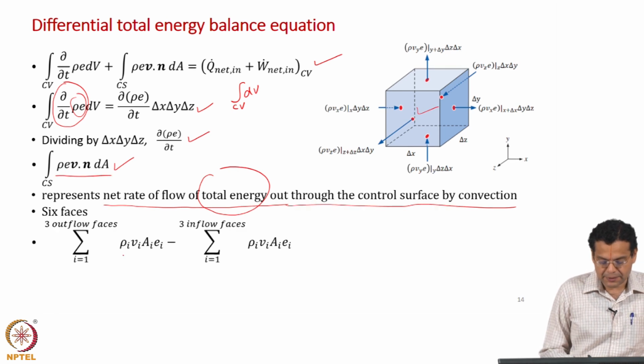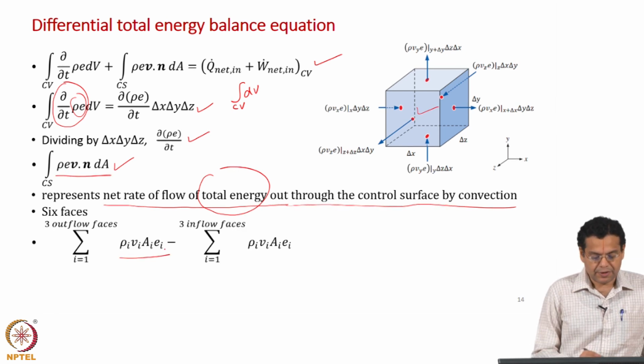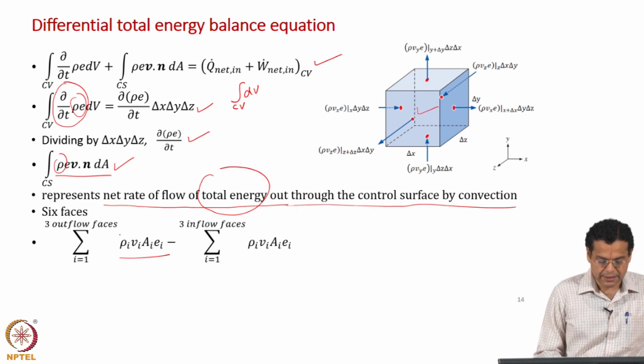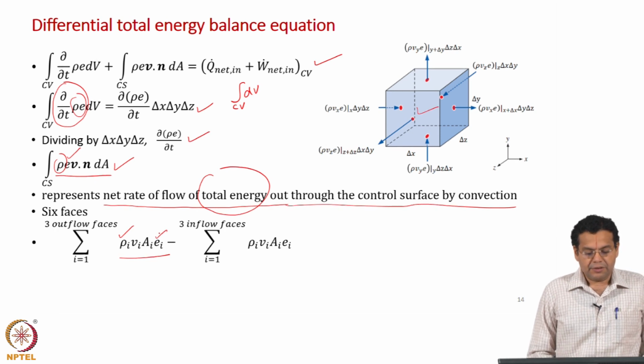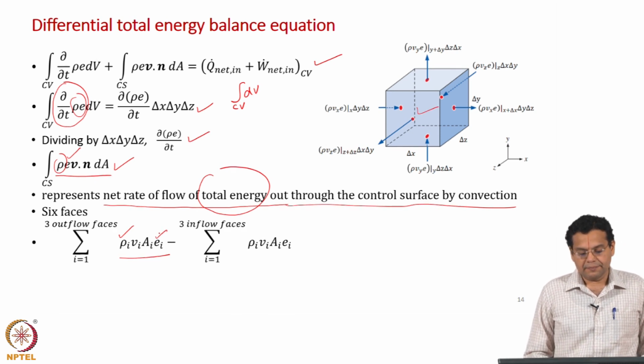This term has been represented here. We have rho here and that is written here. We have E here and that is written here, and then we have V dot n.